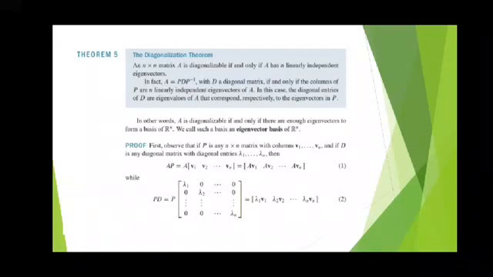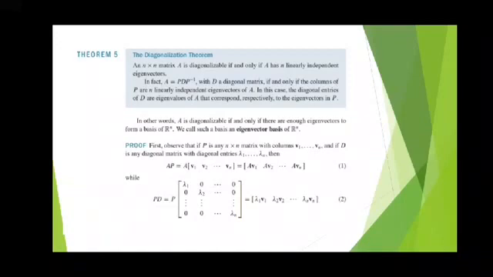If we take a 3 by 3 matrix, it must have three eigenvectors. So an n by n matrix has n linearly independent eigenvectors.